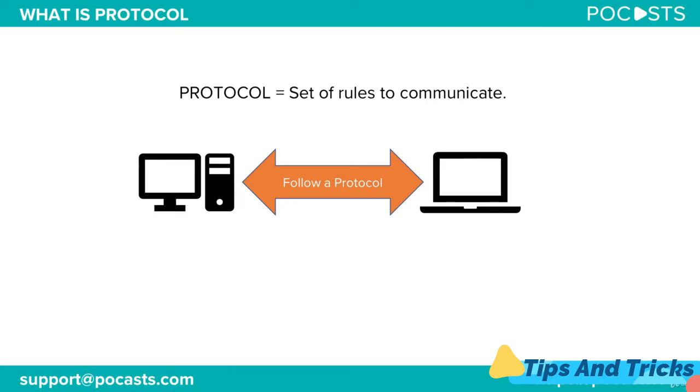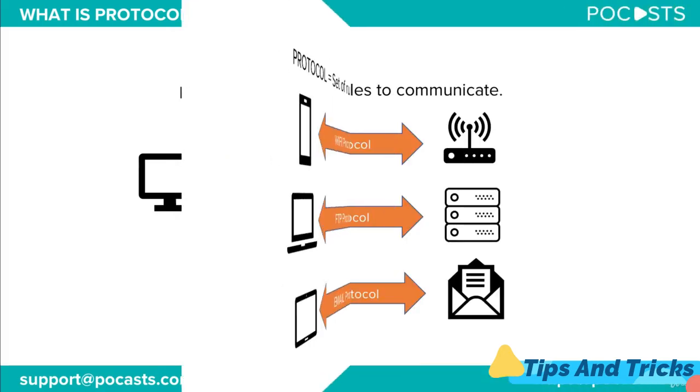If humans can communicate via protocol, then why not computers? Yes, computers can use a protocol to communicate. Let's say two systems want to communicate, then they have to agree on a protocol so that when they talk to each other, they understand what they are interpreting. And if the protocol is changed, then they have to re-agree on the new protocol that they want to communicate on.